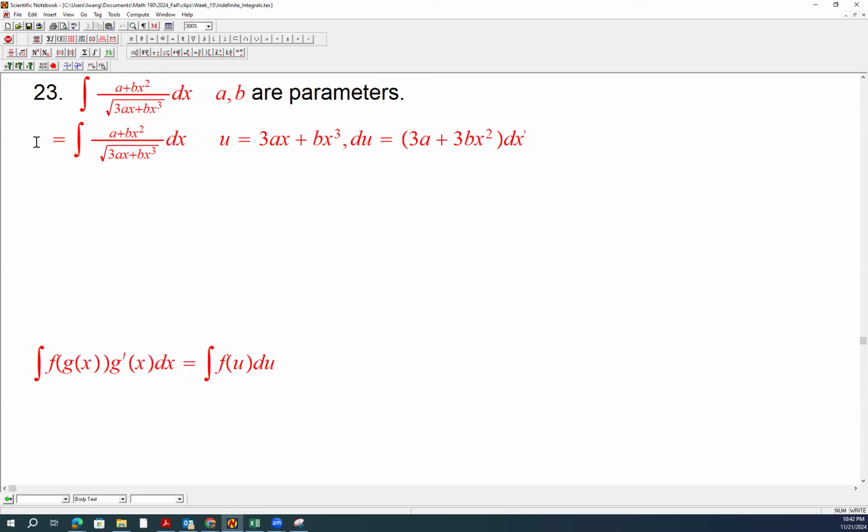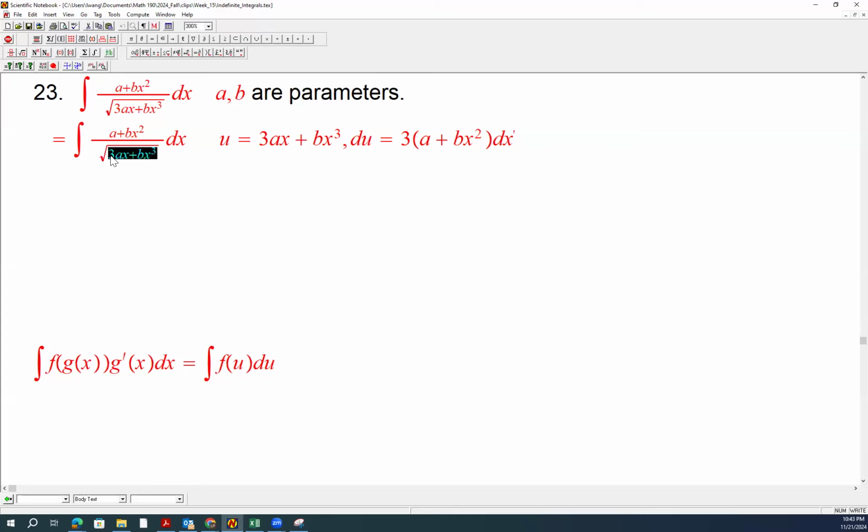And on this expression, we can bring out the 3 factored out. And what do we see in the numerator? It's a plus bx squared. This is one of those academic questions that they want to make sure we will get the solution, so do not be afraid.